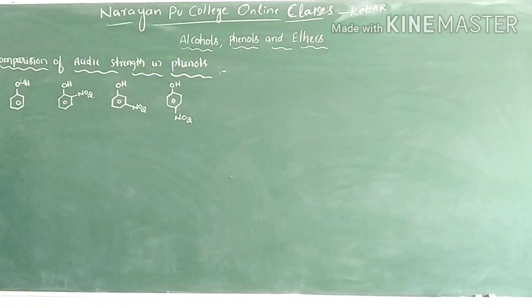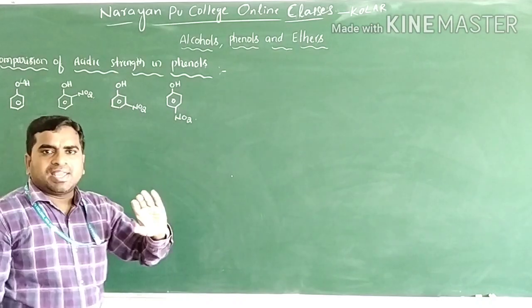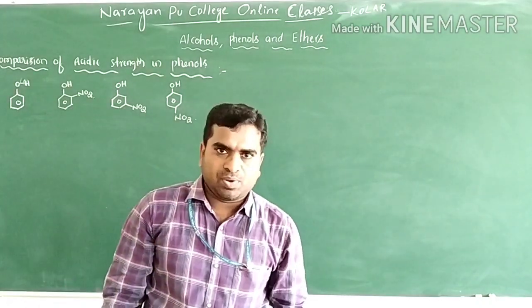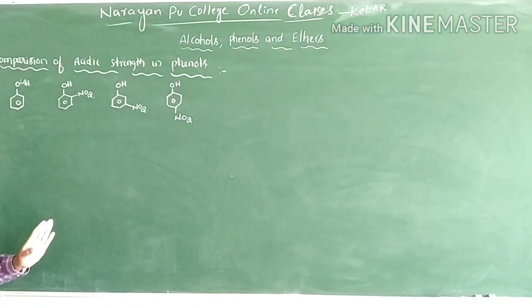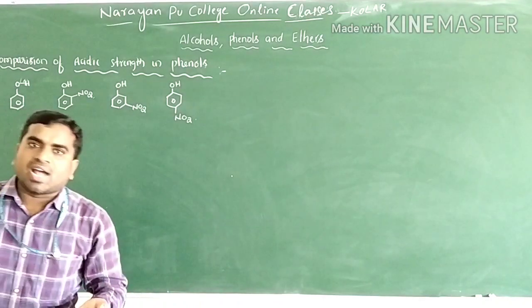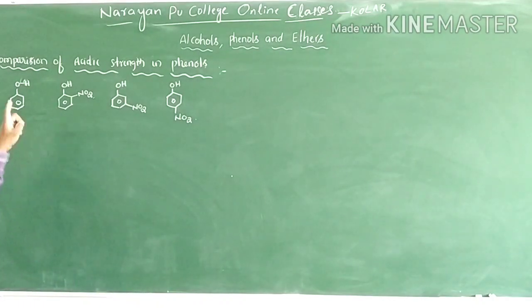Clear? Now you know that we have studied in the first year, the NO2 group is an electron withdrawing group. Just now we have discussed that electron withdrawing groups increase the acidic nature of phenol.